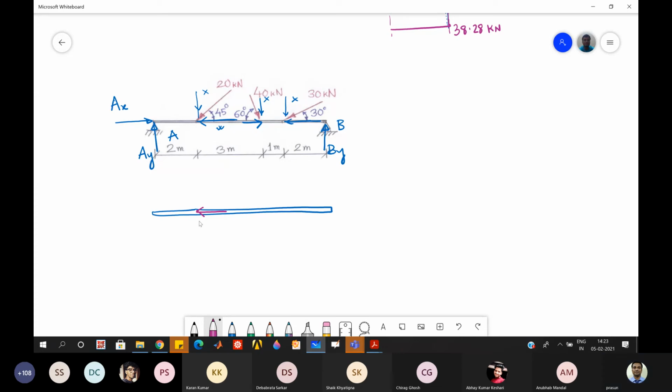If I just show like this, you can either think that it is acting at this point or at this point. So better to use a single representation. So here, I'll just draw the forces as what I have done here.